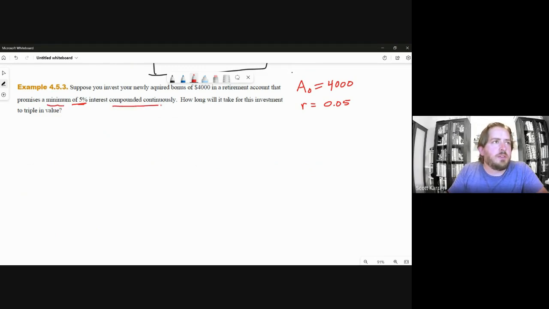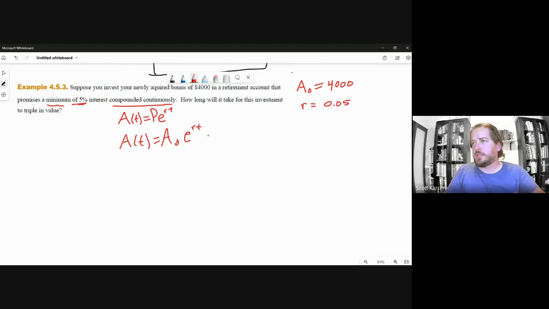And it's compounded continuously, so that tells us that we're using the A of t equals P times e to the RT. Or if you like, A of t is equal to A naught e to the RT, whichever one of those you like. It doesn't matter. I don't care. They're both the same thing.